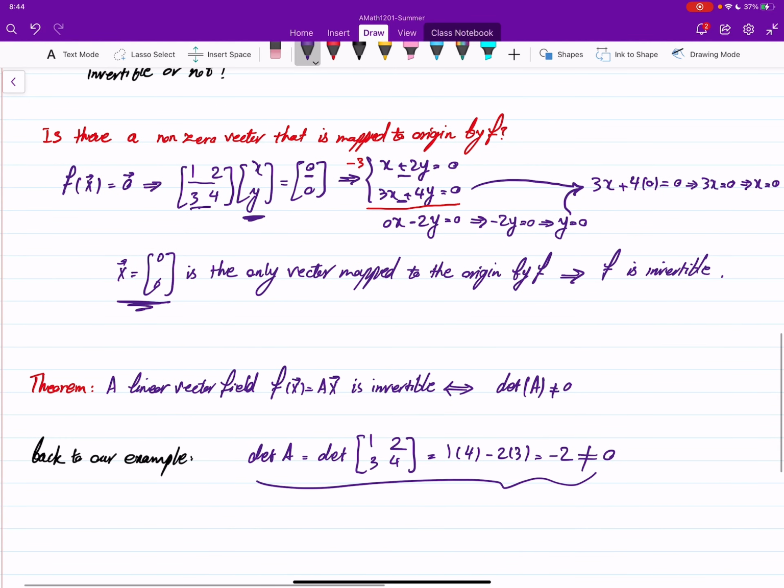As a result, the function, the linear vector field Ax, is invertible.